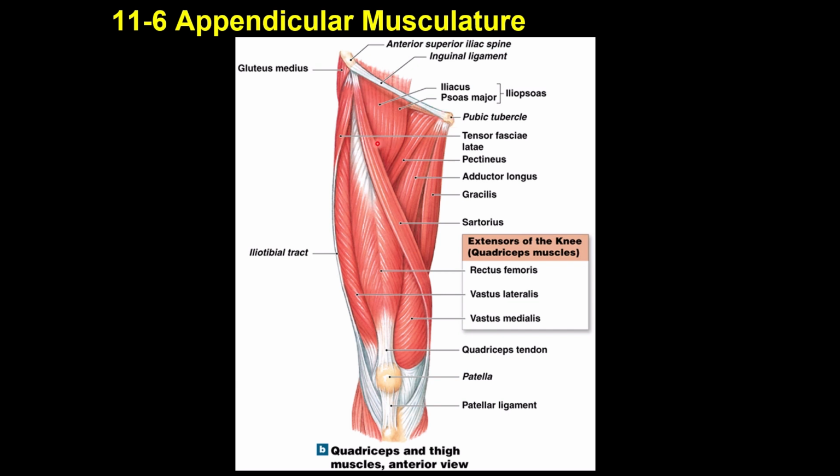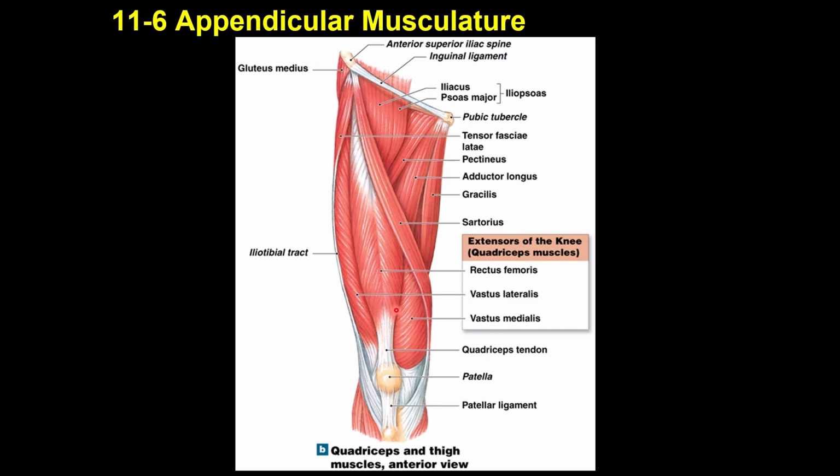You also have the sartorius muscle, which is the longest muscle, and that will cause flexion of the hip and also flexion of the knee. Then the quadriceps muscles cause extension of the knee. So this is the rectus femoris, okay? This is vastus lateralis, vastus medialis, and there is another one called vastus intermedius.